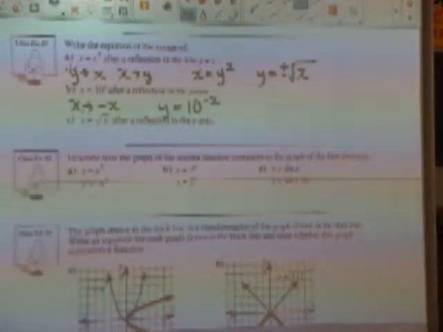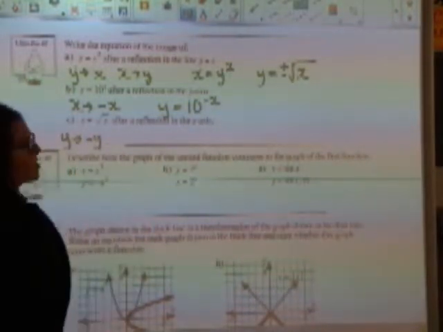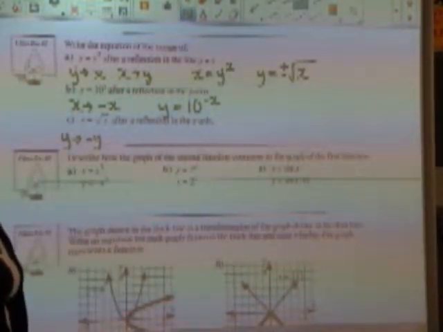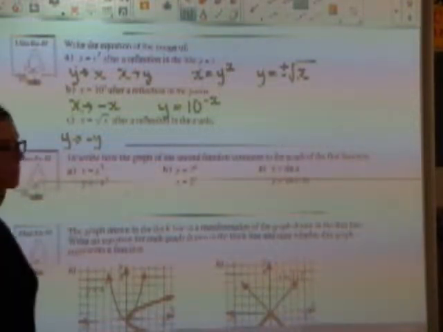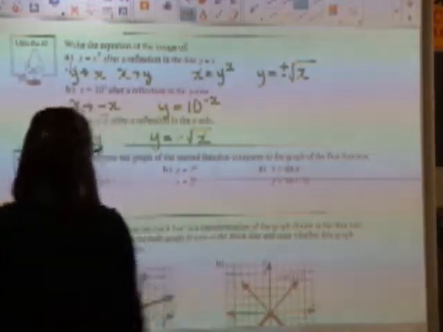Okay, so if I look at C, I have a reflection in the x-axis. So if I have a reflection in the x-axis, what's my replacement? Y with negative y. So what's my equation going to be? Y equals negative root x.